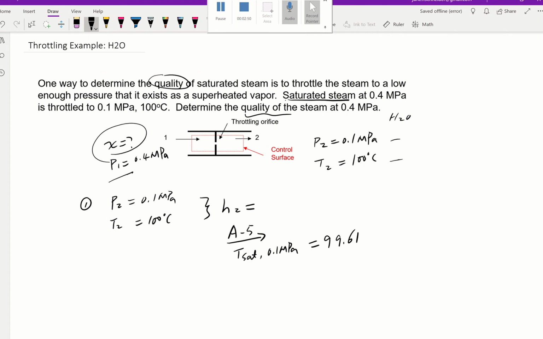And our temperature is exactly 100 degrees Celsius. So that means our T is greater than Tsat. That means it's going to be superheated vapor.